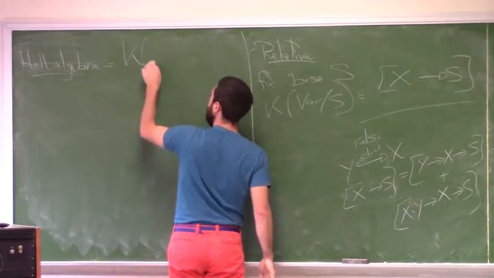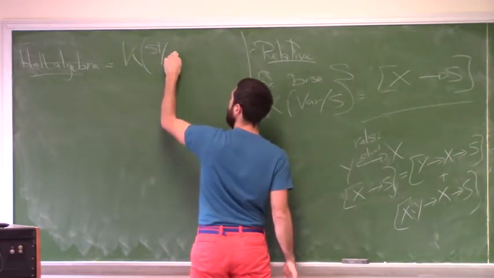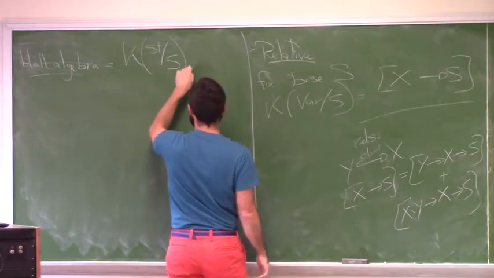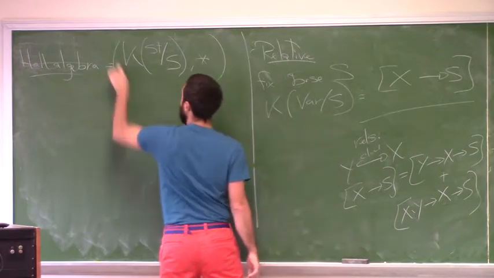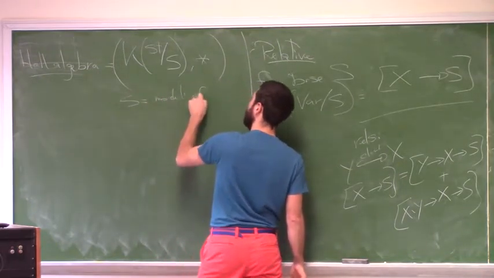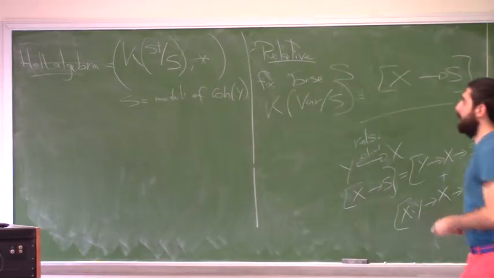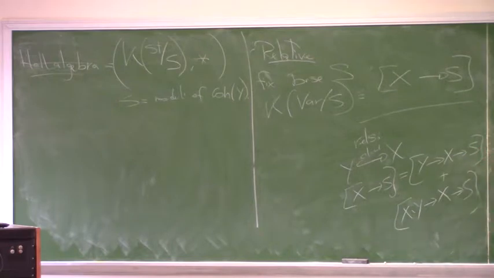It's the Grothendieck ring of stacks over this moduli, where S is the moduli of coherent sheaves on Y. And the star over here is this convolution that I defined earlier by doing this pull-push thing with this map having to do with the short exact sequences.